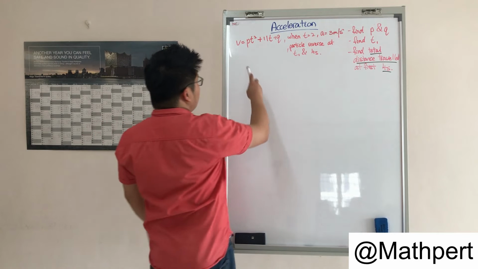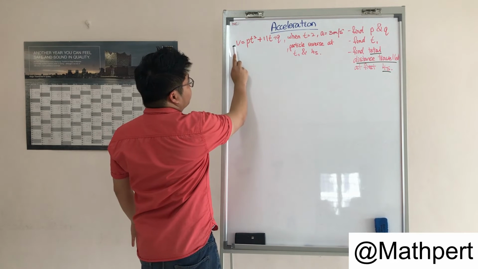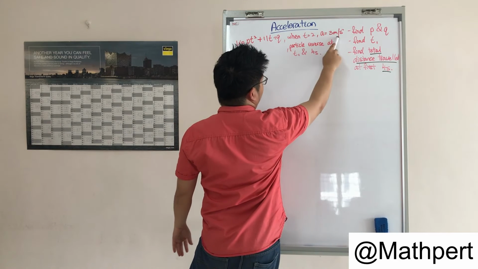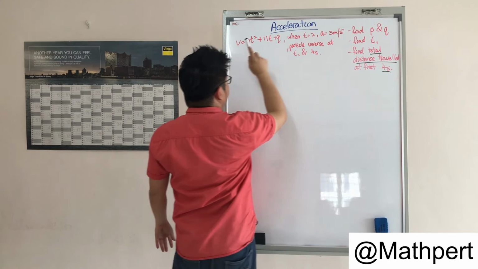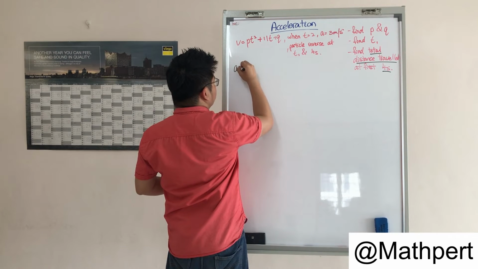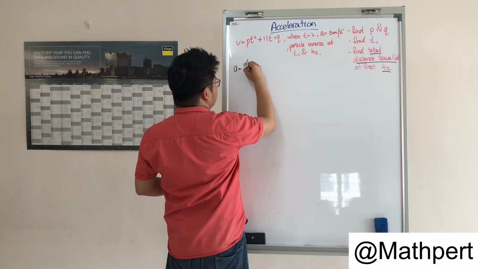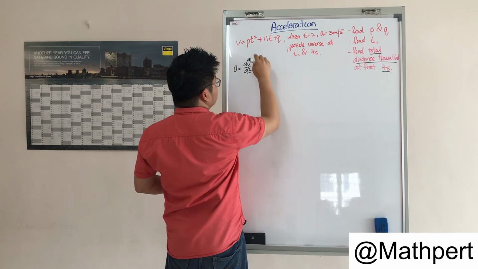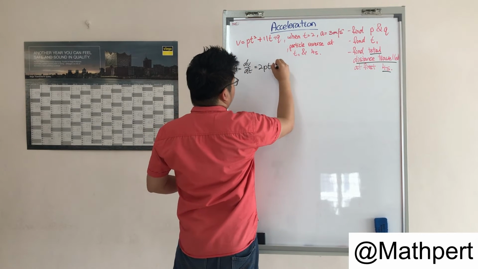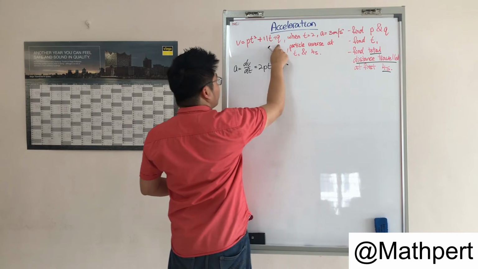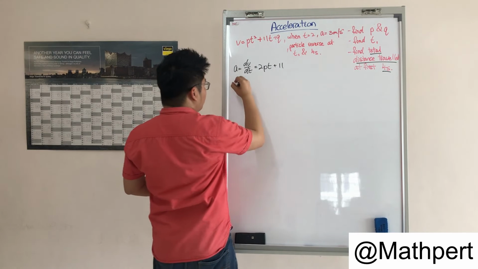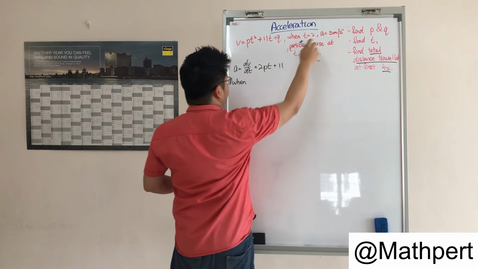Alright? How do we start? Using this formula for v. So we are given this in the form. So how do we get a? By using v. So a is equal to dv/dt. So differentiate this one, we get 2pt plus 11. Differentiate q, a constant, so it becomes 0. So substitute the value we got here.